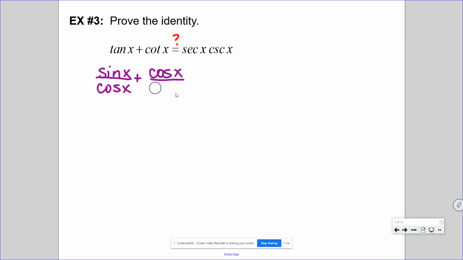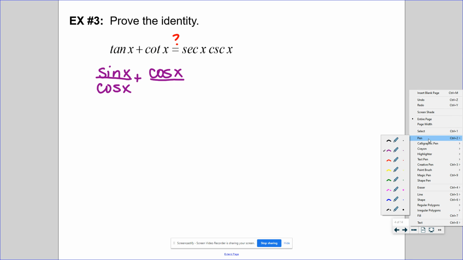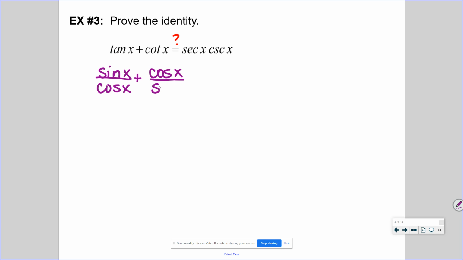Oh, geez. It's supposed to be sine. Okay. What next? Oh man, this is going to be annoying, but I think I'm going to have to get a common denominator. So to do this common denominator step, I'm going to have to multiply both fractions by the opposite denominator.